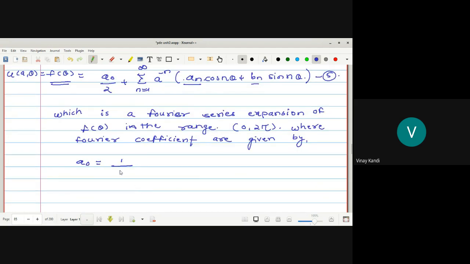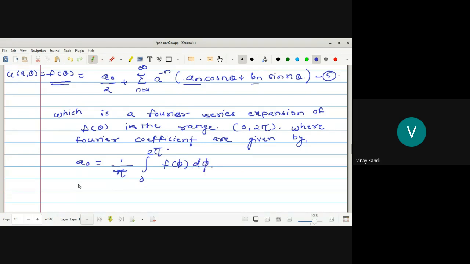This is the coefficient of the series for n equal to 0. So a naught is given by 1 upon pi, integration from 0 to 2 pi of f of theta, changing the variable theta to phi, d phi.